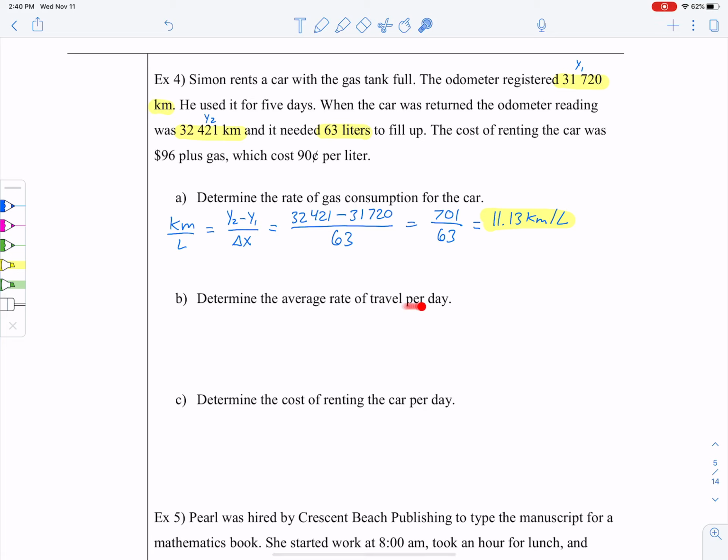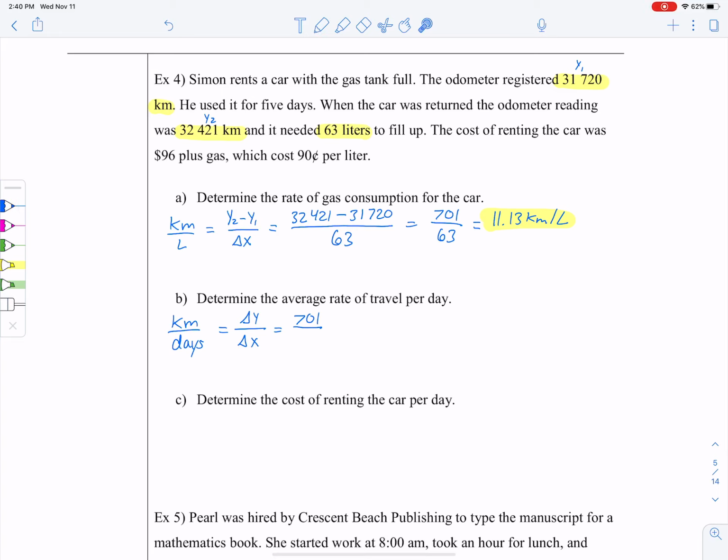Determine the average rate of travel per day. For travel per day, it would be kilometers over days. For kilometers, we just calculated our change in kilometers up here. It was 701. So this one, we want the change in Y over the change in X. We know it's 701, and we have to look at how many days.